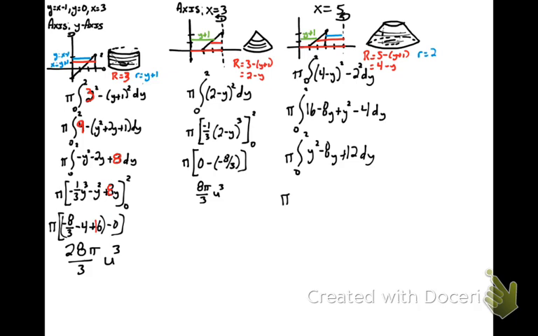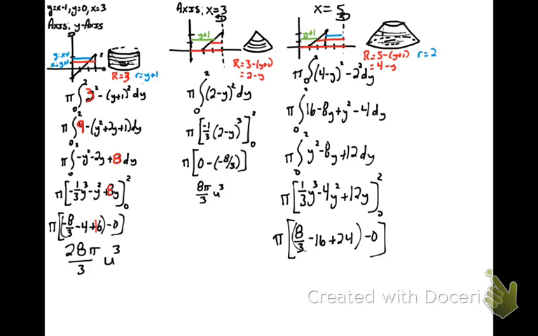Integrating, we'll end up with 1/3 y cubed minus 4y squared plus 12y from 0 to 2. I'm really happy that one of the limits is 0 because everything will cancel out, but when I substitute in 2, we get 8/3 minus 16 plus 24 and minus 0 when I substitute in 0. So altogether my volume is 32 pi over 3 units cubed.